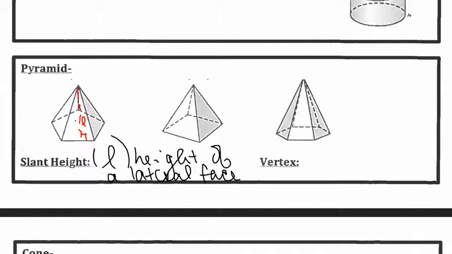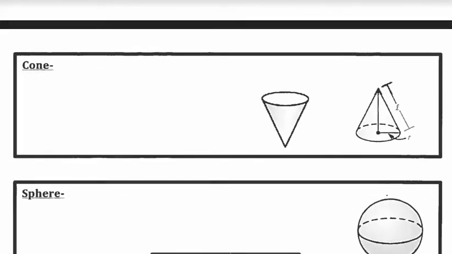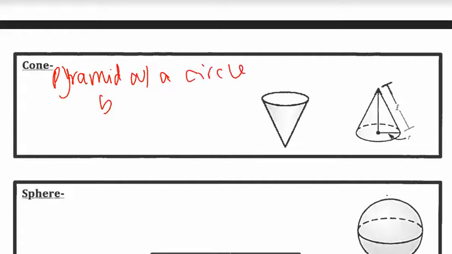If I wanted to find the height of the pyramid, that would come down in the middle, and that would be H. And if you flip your page, actually, and you look at a cone, I have a really good picture of it. A cone is just a pyramid with a circle base. And notice here, L is right here.